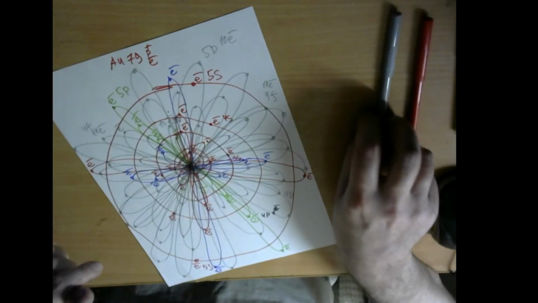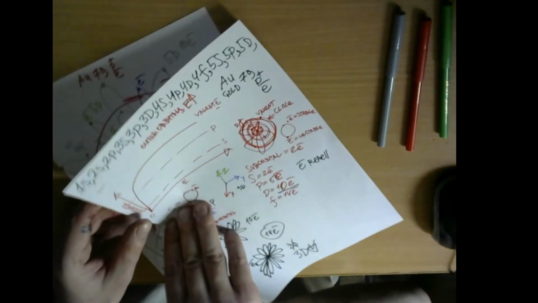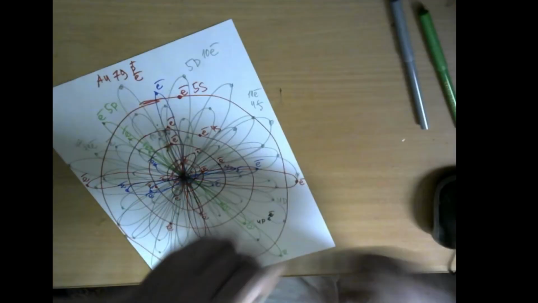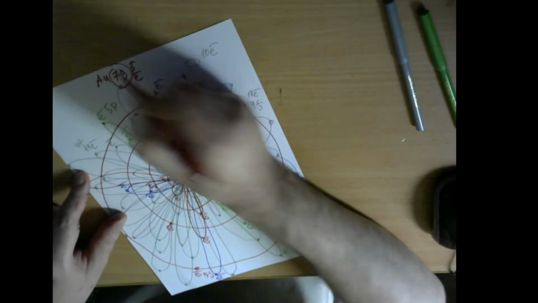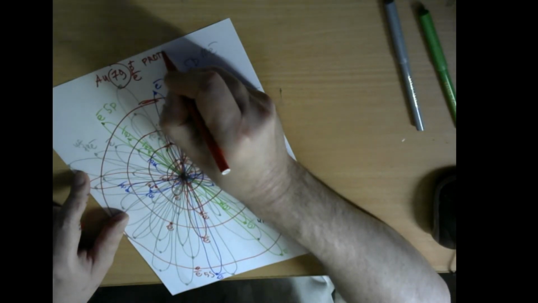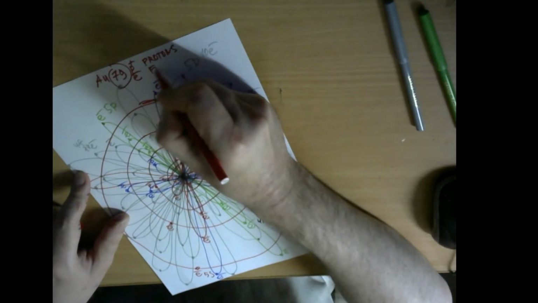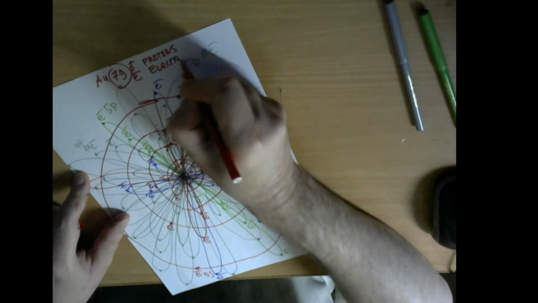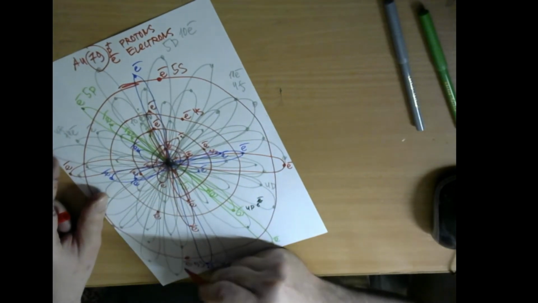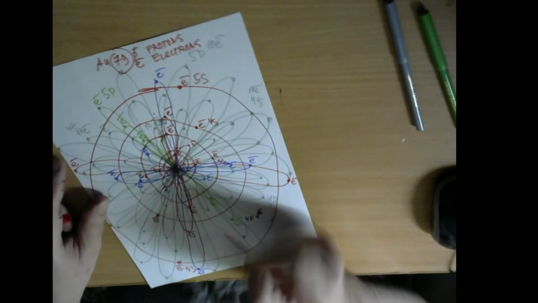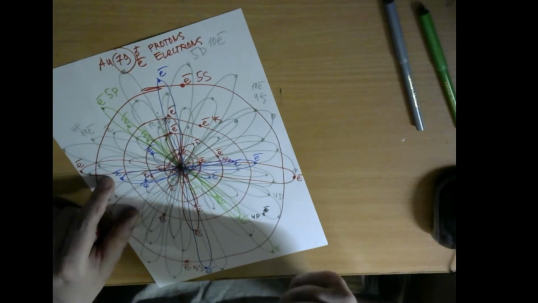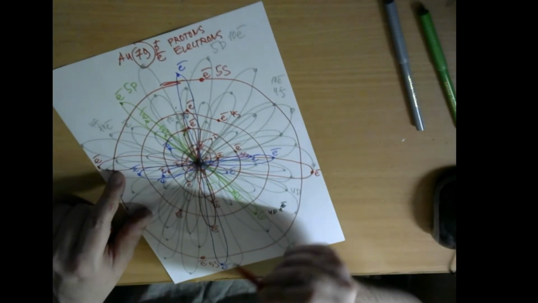Now, what we got here is 79 protons and electrons. If you look at the structure here with the dots, it's all of the 79 electrons of the structure of gold, aurum.